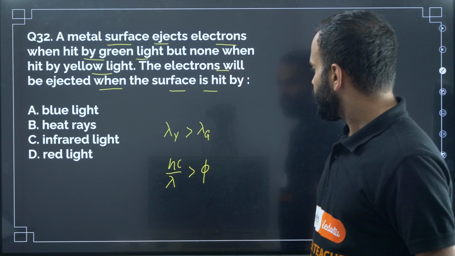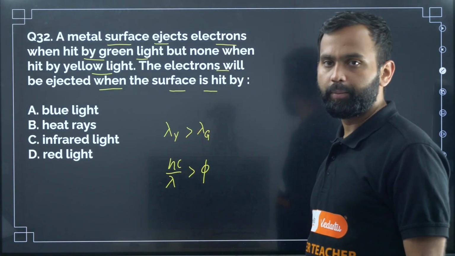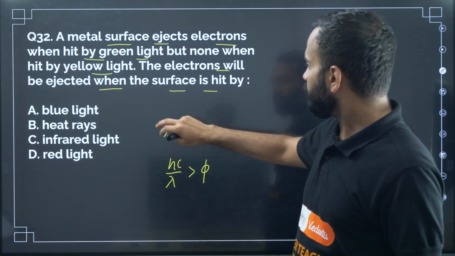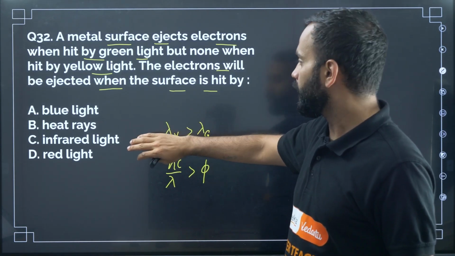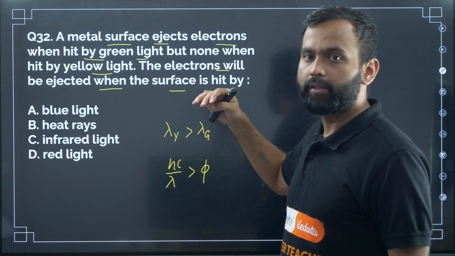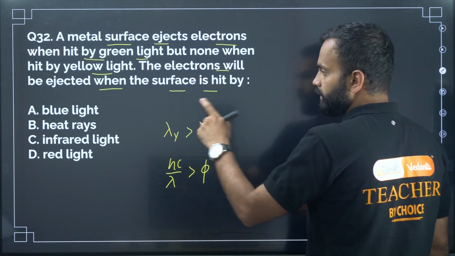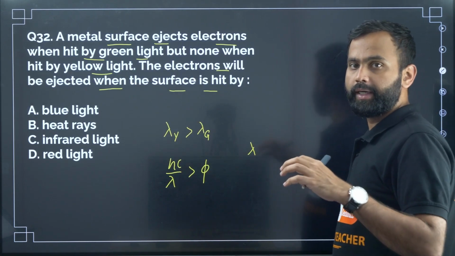Therefore, lambda of yellow light is greater than lambda of green light. So we need to find which of the following light, when it falls on the metallic surface, the electron will emit. Yeah. So here, lambda of blue light, you know Vibgyor, right?